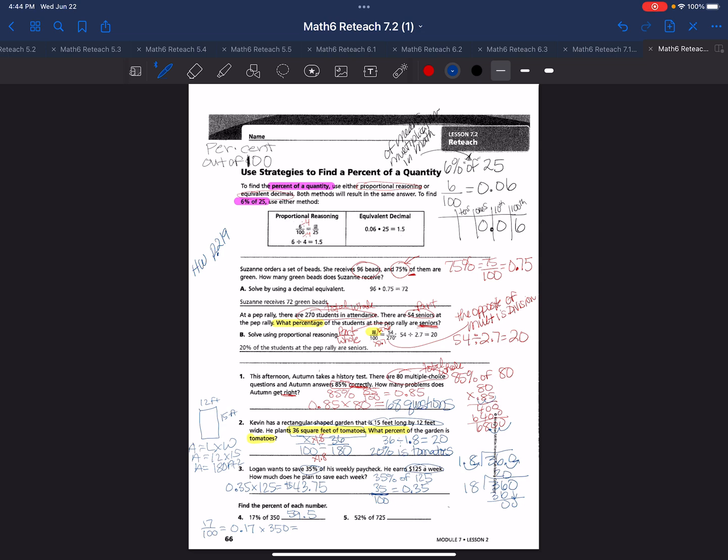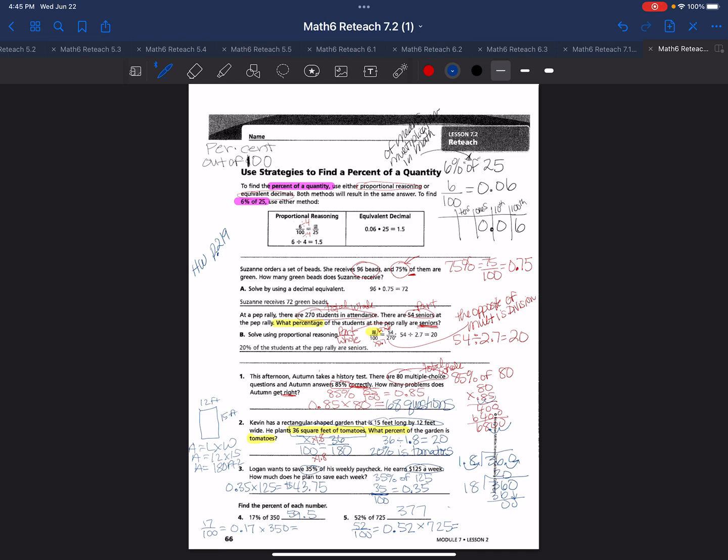Question 5, 52%. Percent means out of 100, so that's 52 hundredths. Say it out loud, 52 hundredths. So you could write it as a decimal. Of means multiply. 52 hundredths times 725, and I get 377.